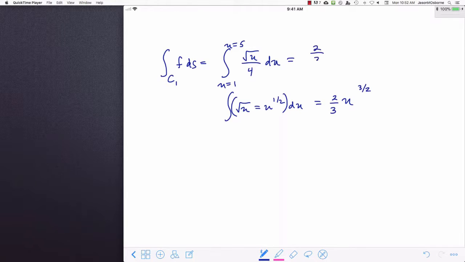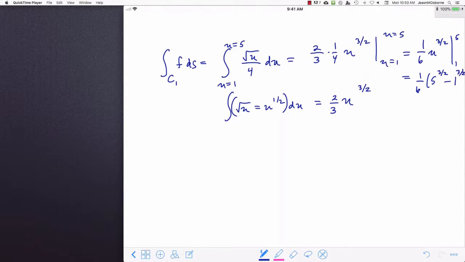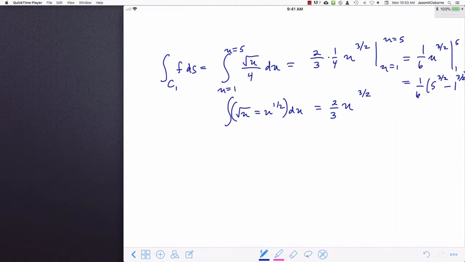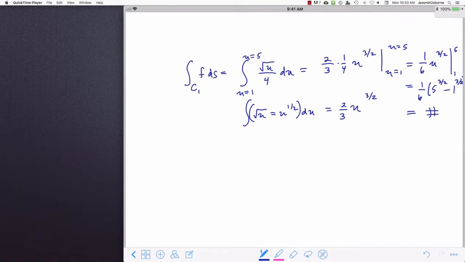So we'll get 2/3 times 1/4 u to the 3/2 power, evaluating from u equal to 1 to u equal to 5, which will give you 1/6 u to the 3/2 from 1 to 5. So you get 1/6 times 5 to the 3/2 power minus 1 to the 3/2 power. And that comes out to be some number. I will let you figure that out as a decimal.